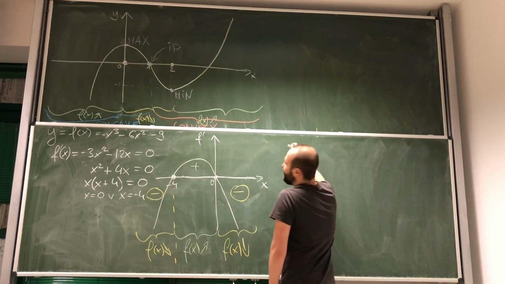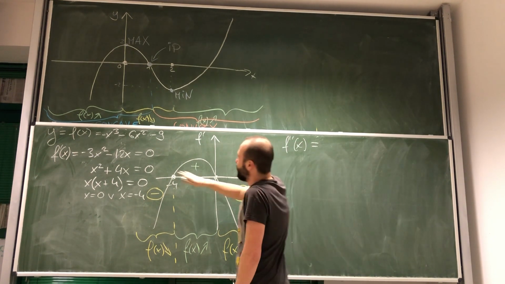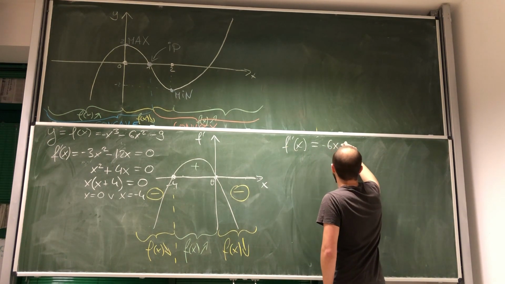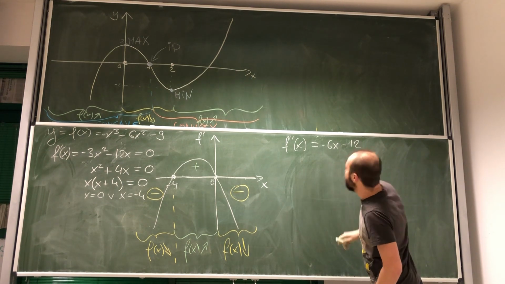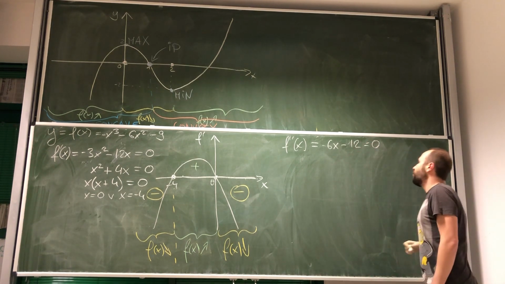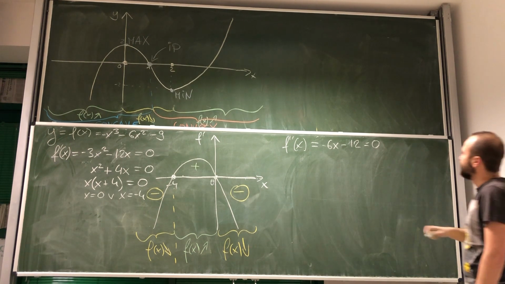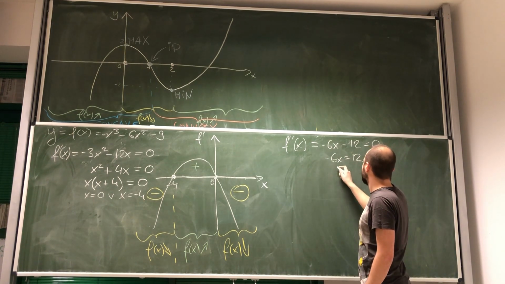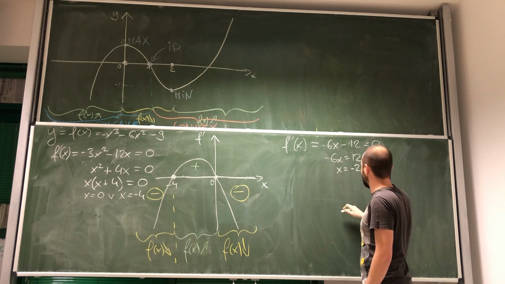Okay, second derivative is equal to negative 6x minus 12. Okay, again, we want to know at which point this function cuts through the x-axis. So we get that negative 6x equals 12, and we get out of this that x is equal to negative 2.